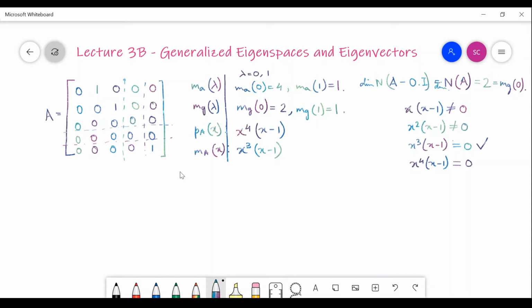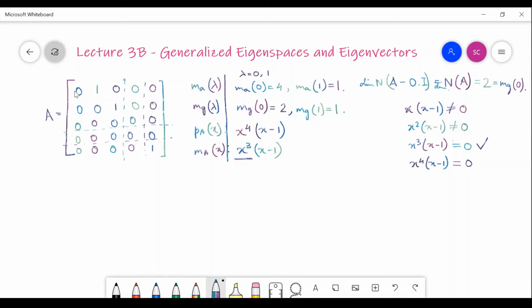So the statement is this, that the size of the largest Jordan block is equal to the order of the eigenvalue factor in the minimal polynomial. So we are interested in the size of the Jordan block corresponding to 0.